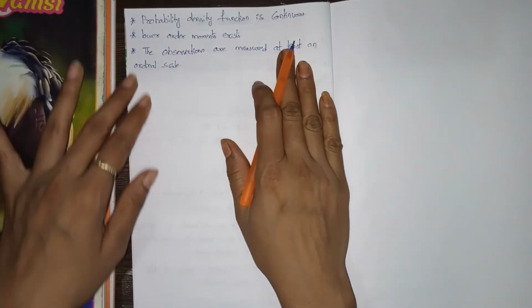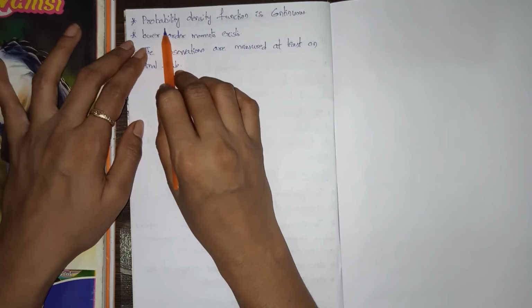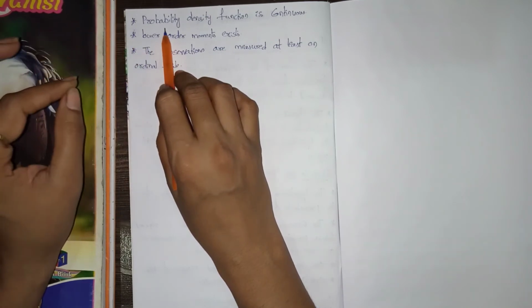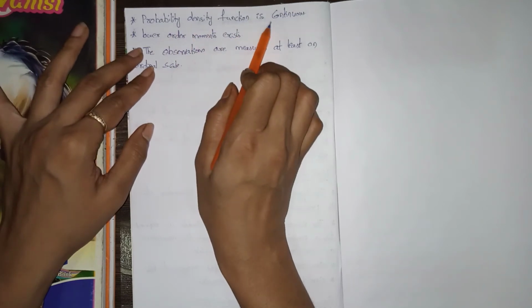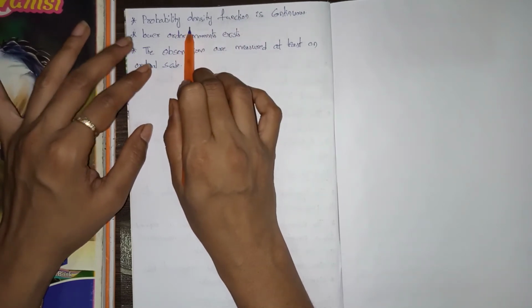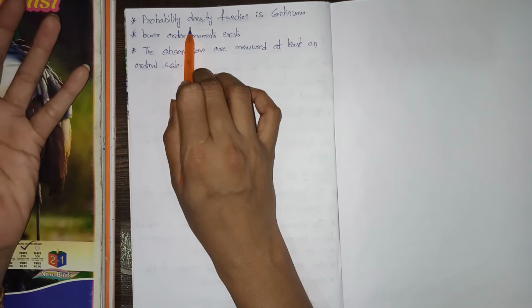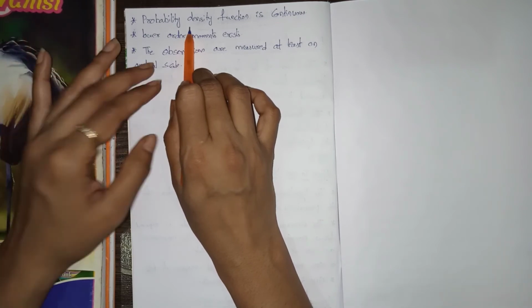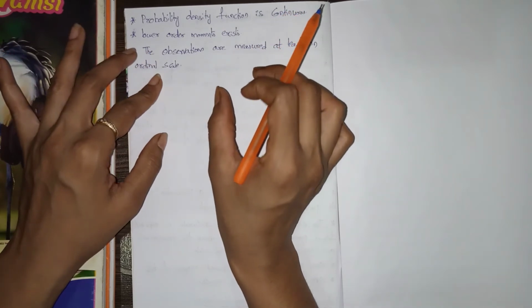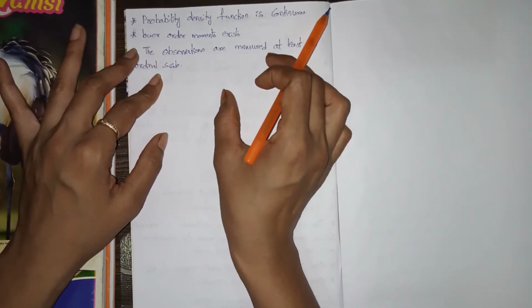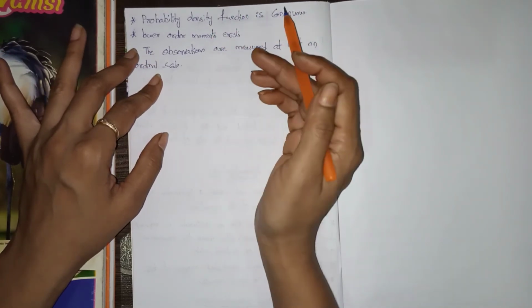And the third point is, as we said, the observations under study are continuous. A continuous distribution comes under what? It will have probability density functions. So that's why the probability function we use here is the probability density function.